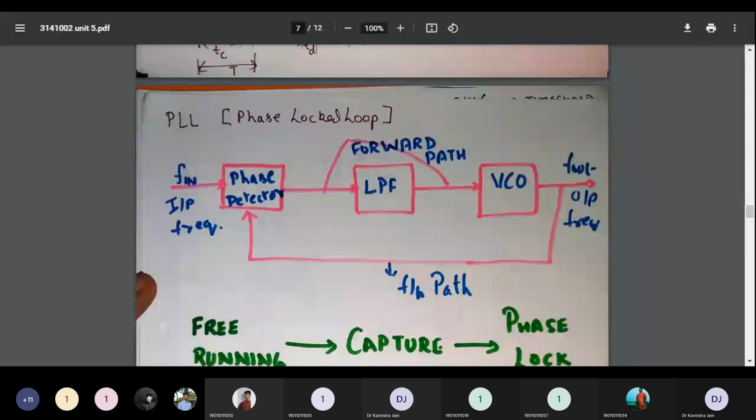Dear students, please note the first block, that is the phase detector block. What is important in this block? Please note down a comparator circuit which compares the input frequency F in with the feedback frequency.